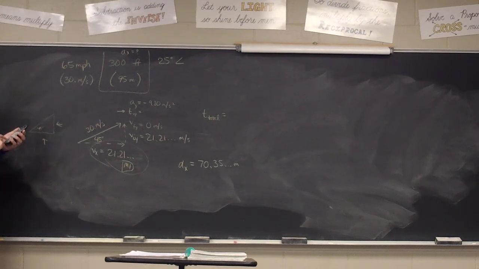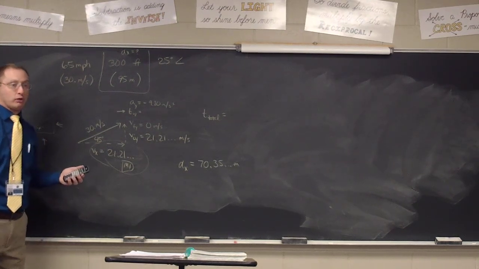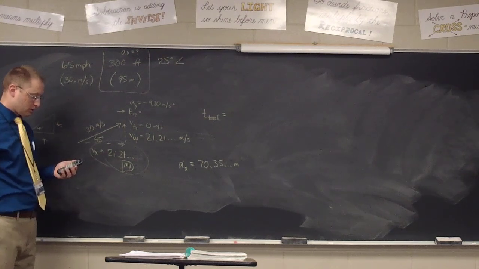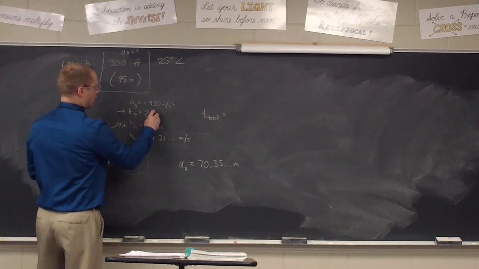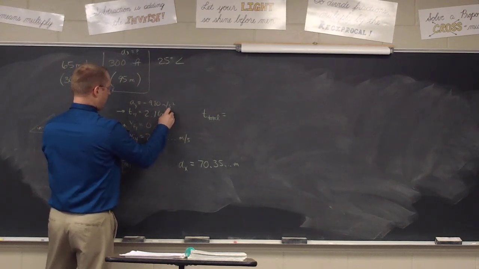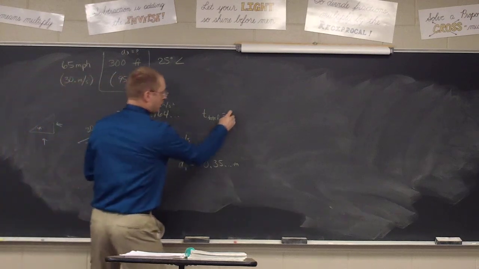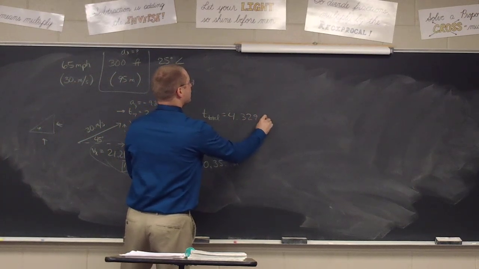How long does the ball take to travel up? 2.164, and so on. So what's the total time in the air? 4.82. Notice the ball's in the air for considerably longer.